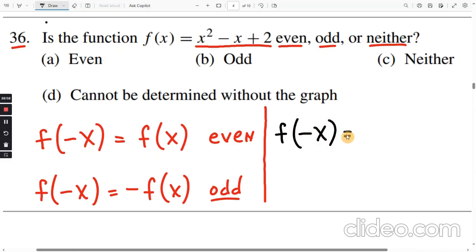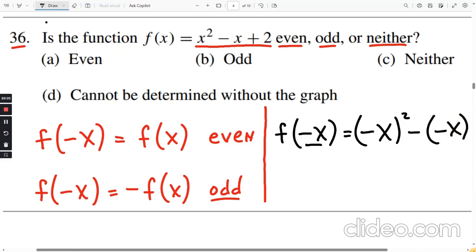That just means you're plugging in -x wherever you see an x. So x squared is going to be (-x) squared. Make sure you use parentheses wherever you plug in -x. And that's going to be minus x, so in other words, minus (-x).